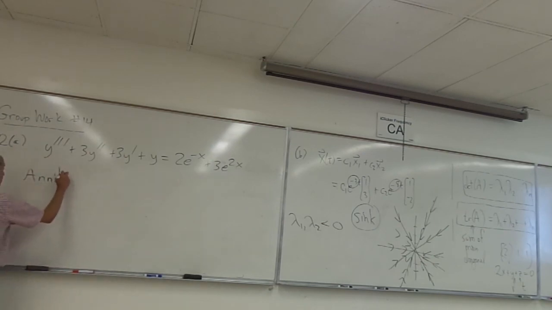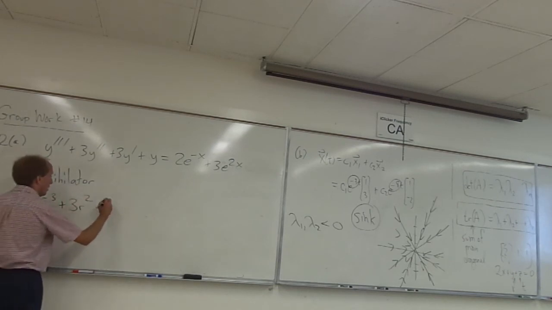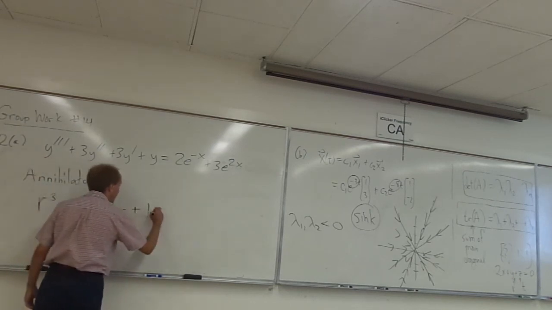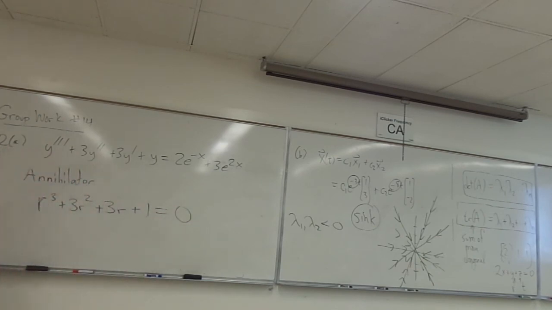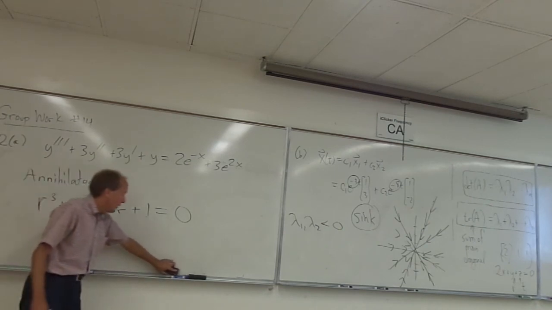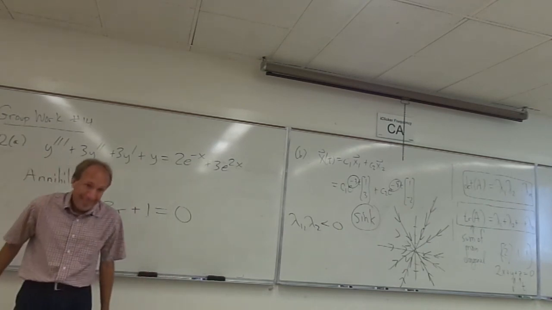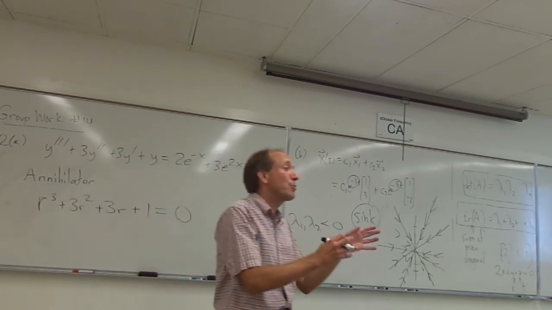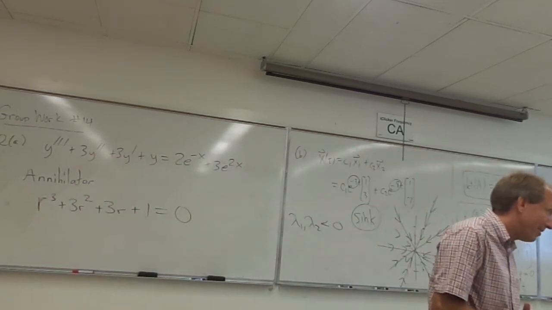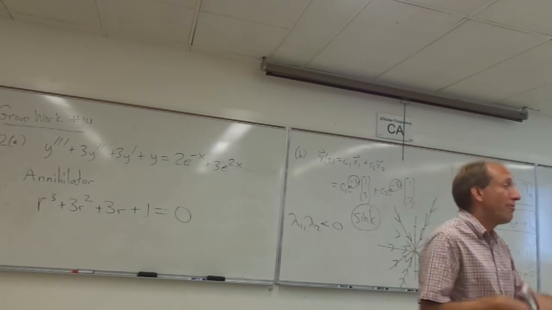So what's the first step? Get the complementary solution. How are we going to do that? r cubed plus 3r squared plus 3r plus 1 equals 0. Great. You're going to have to trust me that I'll give you a characteristic polynomial that you can factor, or I'll factor it for you.